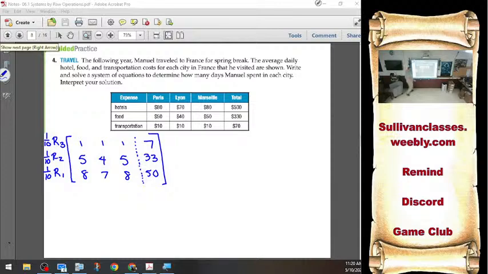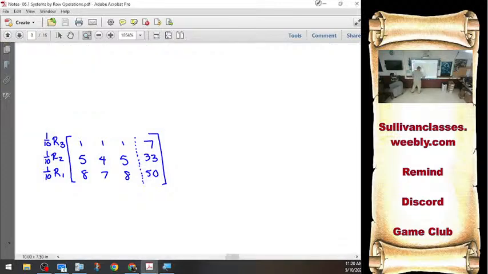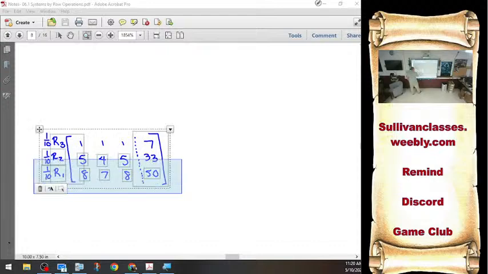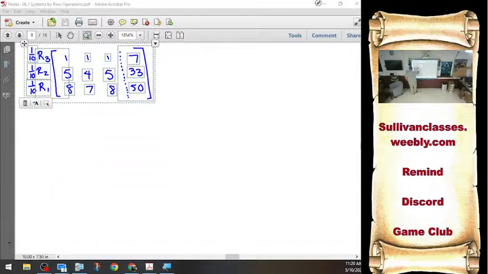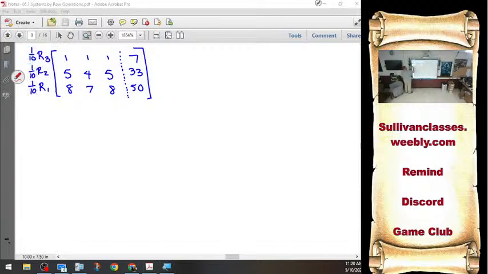Okay, so I'm just going to start with that. If you did that, yay. But now after that, you see how the reason we swapped it, I want that 1 up in that command zone, that top left corner. It makes life easier. If I've got that 1 there, I can knock out the ones below it.